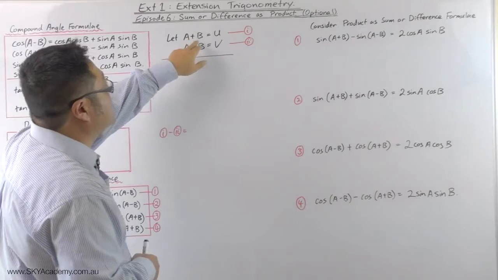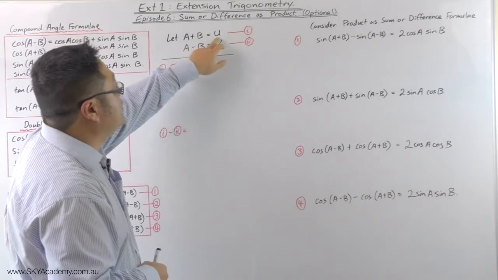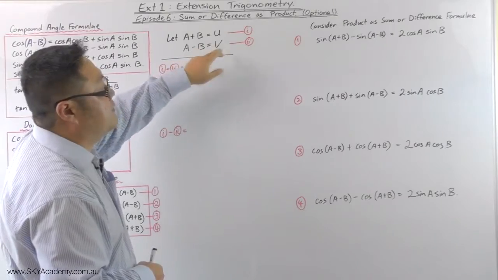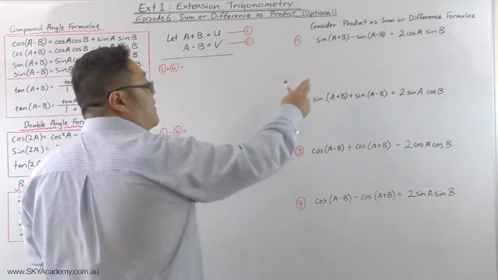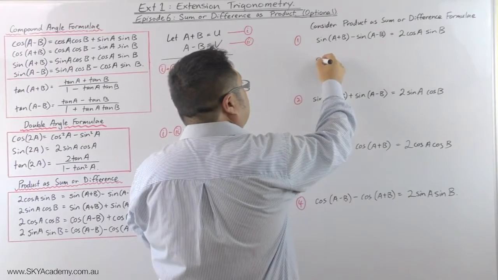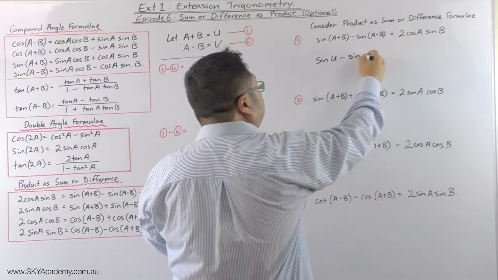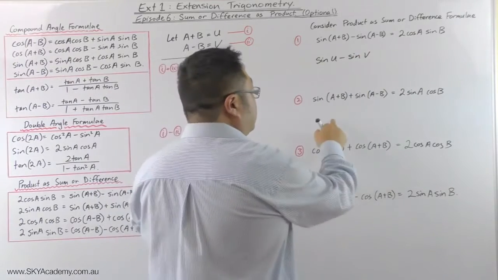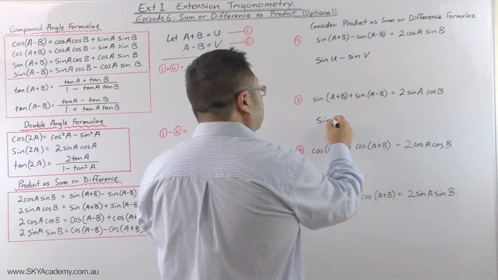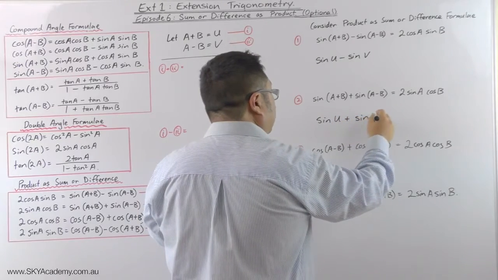So let's have a look at how that will look. If a plus b is equal to u and a minus b is equal to v, what you have for these particular formulas is this. You've got sine u minus sine v. And for this formula, you've got sine u plus sine v.